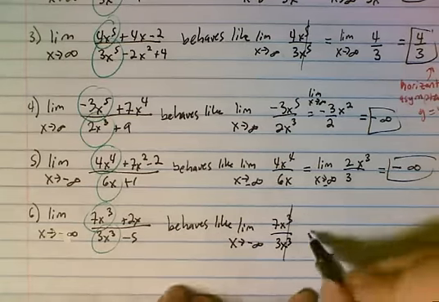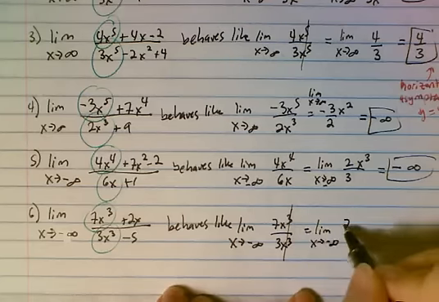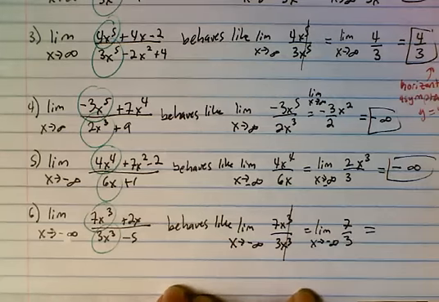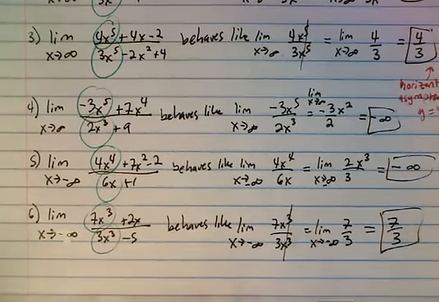Those x to the thirds cancel out. There's no x to plug any numbers in for, so just 7/3. Again, that's going to be that horizontal asymptote.